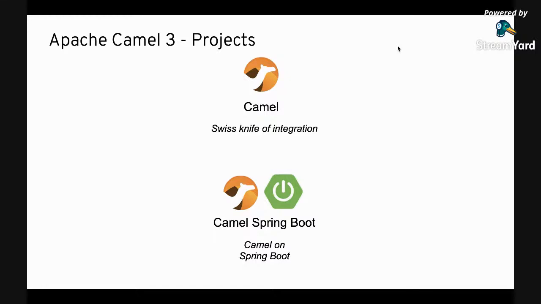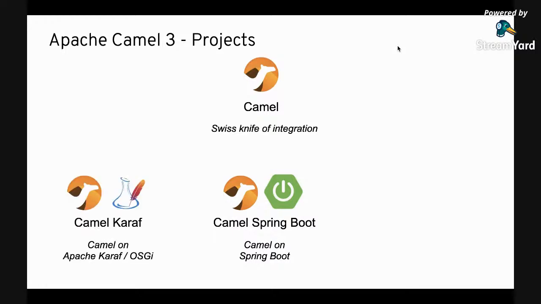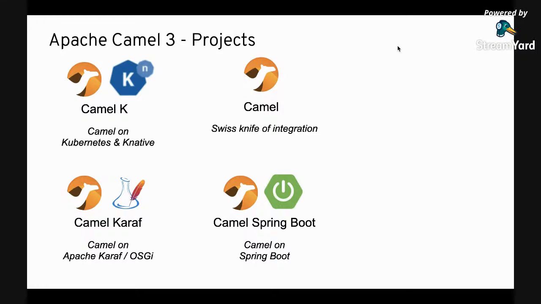So the first one was Spring Boot. So now we have the Camel Spring Boot starters living in their own repository, and they have their own life cycle. So this is good for us. And on the OSGi side, we have the Camel Karaf project, which supports the Karaf container. So if you love OSGi, this is your project for sure.